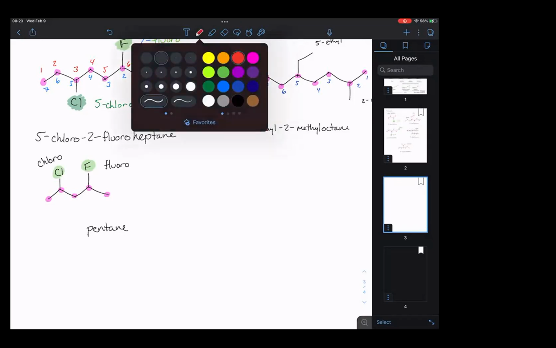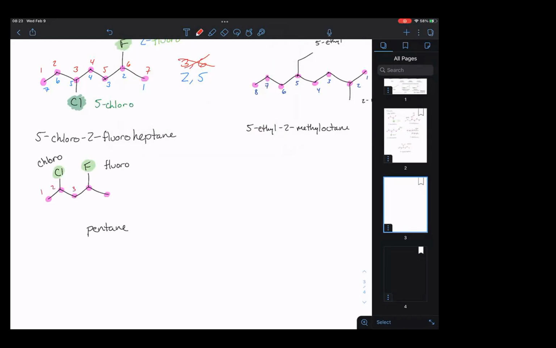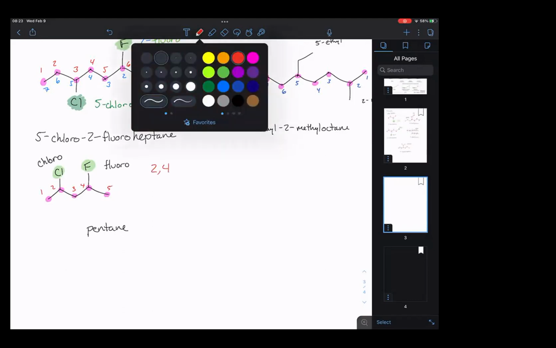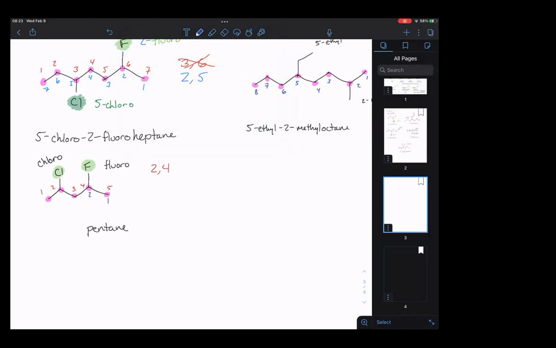And then you're going to go through and number your parent chain both directions. On my red numbering scheme, I have a 2 and a 4. If I go the other way, 1, 2, 3, 4, 5, my other numbering scheme, I also have a 2 and a 4.